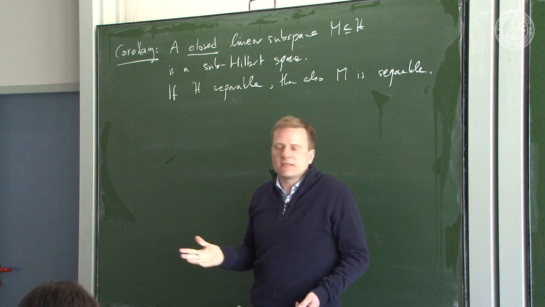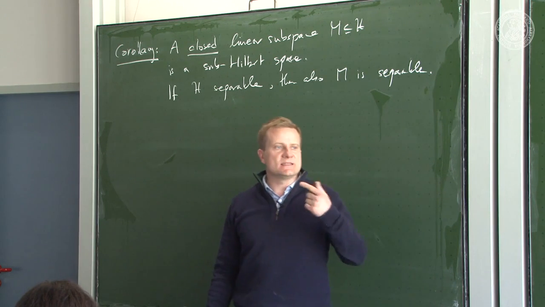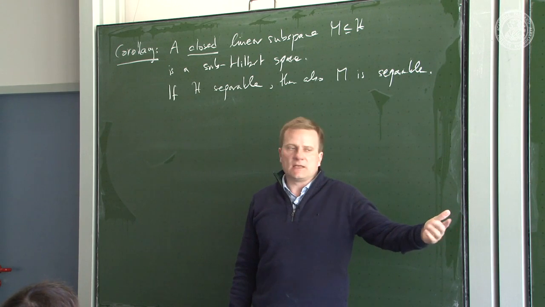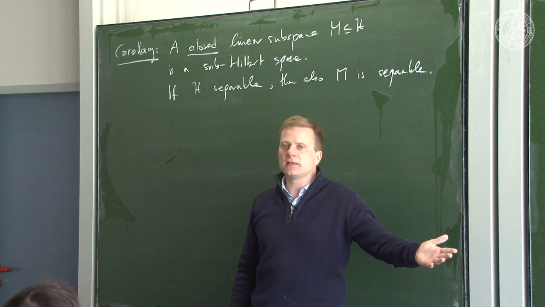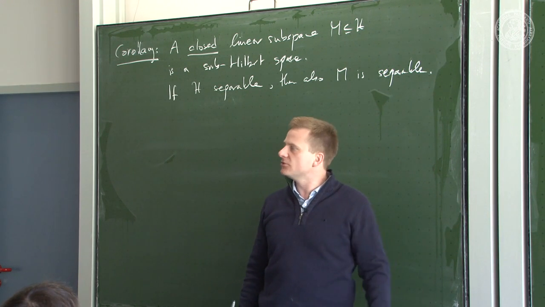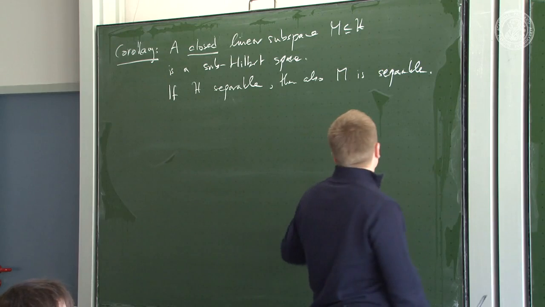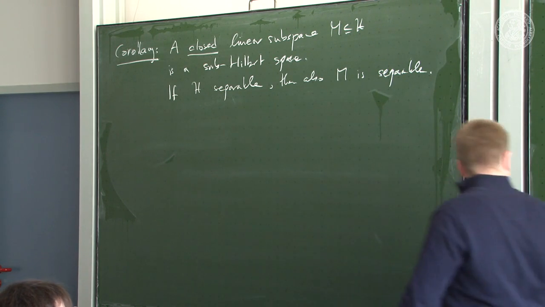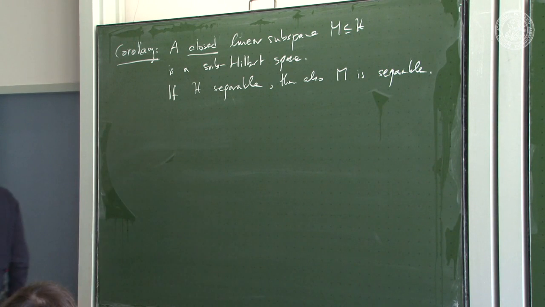You know that a separable Hilbert space has an orthonormal basis. But if it wasn't a separable Hilbert space, you had no justification assuming so. So certain constructions you couldn't do. By the way, the converse does not hold. It's not true that only closed subspaces can be sub-Hilbert spaces, but that virtually never arises in practice.